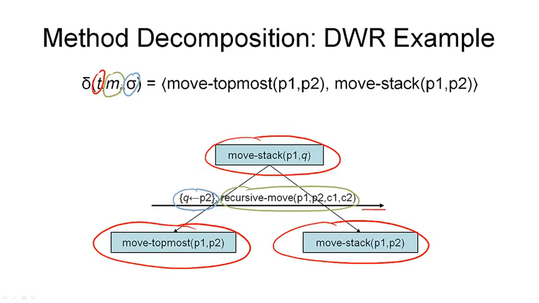And if we look at this tree, we can immediately see what the result is by looking at the leaf nodes. So this is the result of this decomposition here, namely to move the topmost container from pile P1 to pile P2, and then move the remaining stack from pile P1 to pile P2.